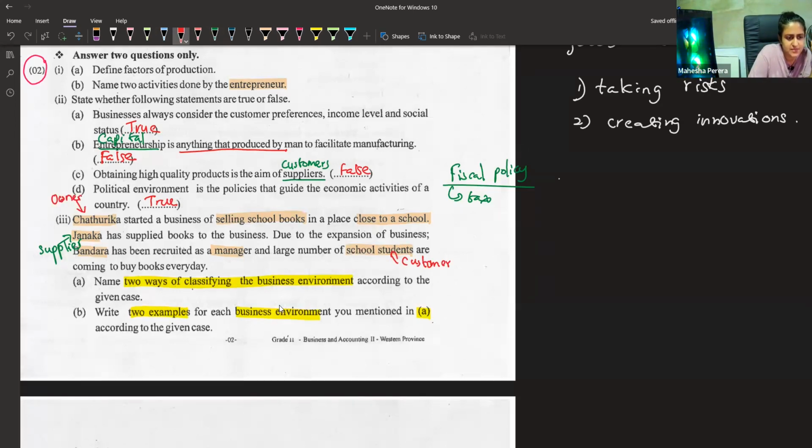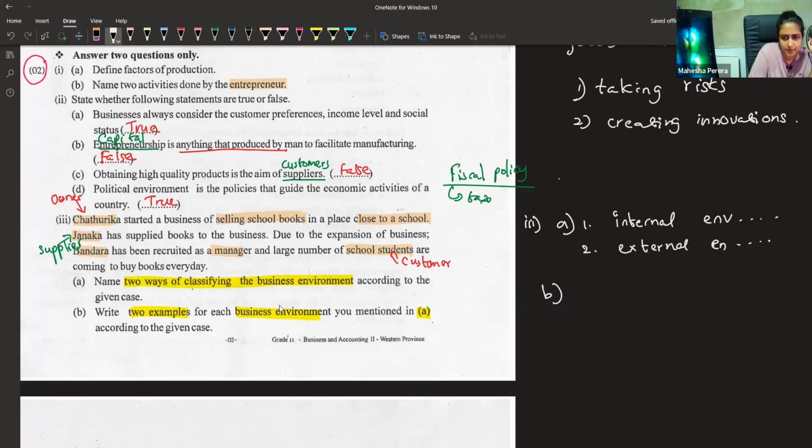Write 2 ways of classifying the business environment. Your answer should be internal environment and external environment. Then make an answer scheme. Roman figure 3, A, number 1, internal environment. Write the full word. And external environment. Right? That's it. Then B, write 2 examples for each business environment.